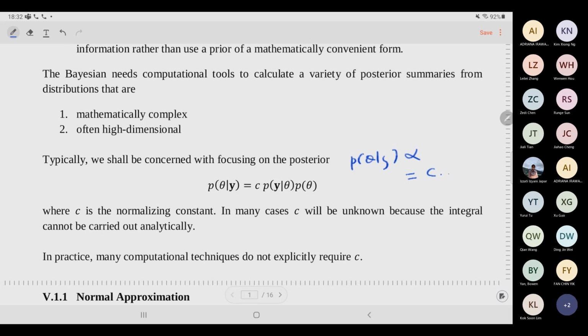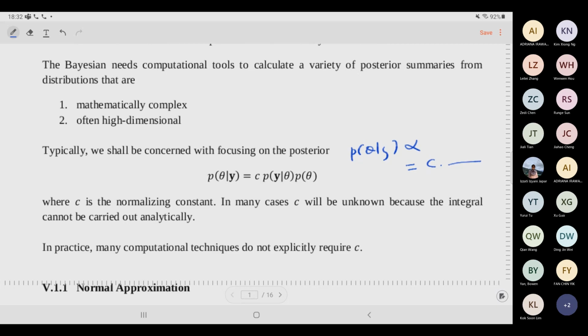This is called the normalizing constant. If the density is complicated, usually this normalizing constant is unknown and hard to find out.